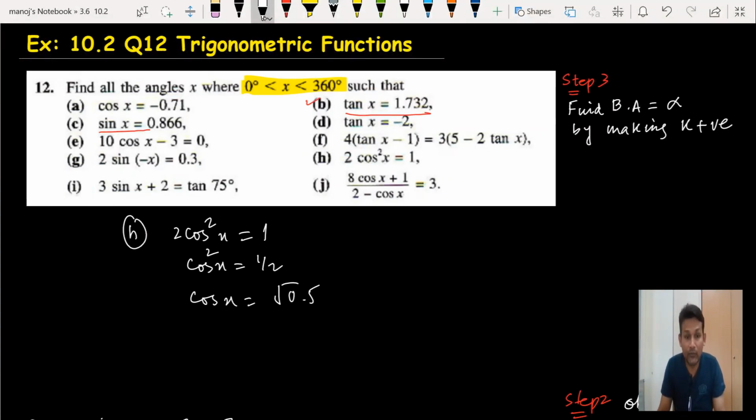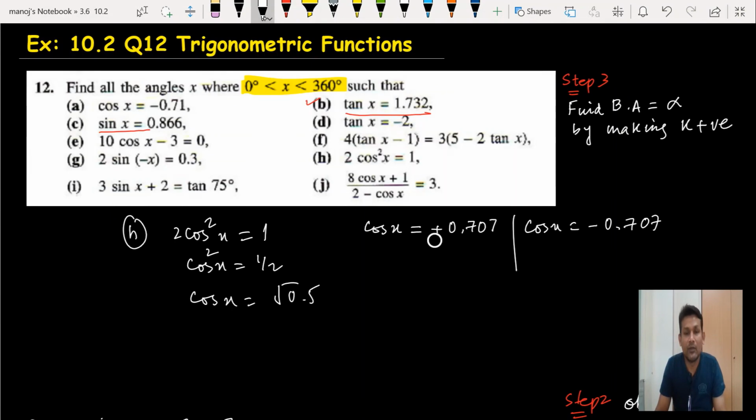So one very important thing here, you will write cos x is equals to plus 0.707, and second you will write cos x is equals to minus 0.707.